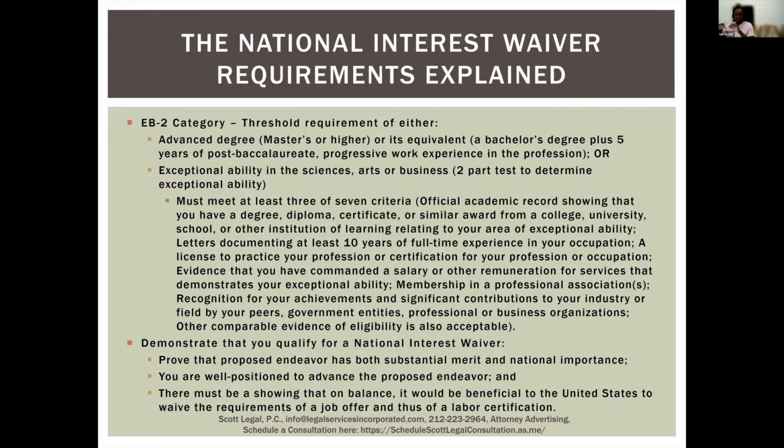Or if you don't have either of those, let's say someone just graduated from high school, they could still qualify under EB2 if they can meet 3 of the 7 criteria that are listed here, right? So if they have maybe 10 years of full-time work experience, that might be 1. Some other type of degree, maybe 2. So we go through these and we see that obviously the easiest way to qualify is that someone has a master's degree or a bachelor's degree.